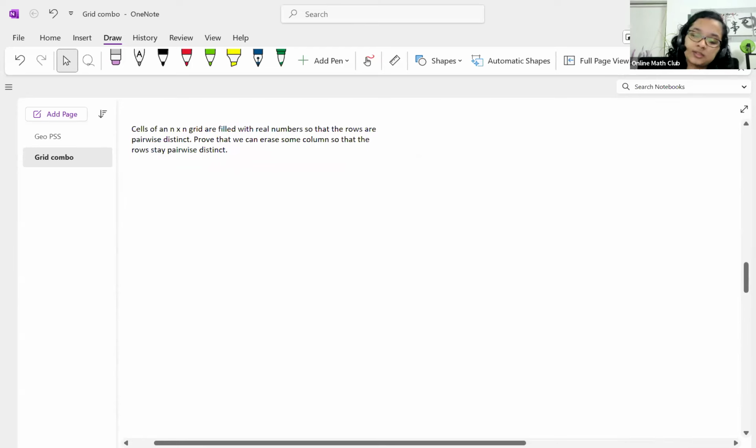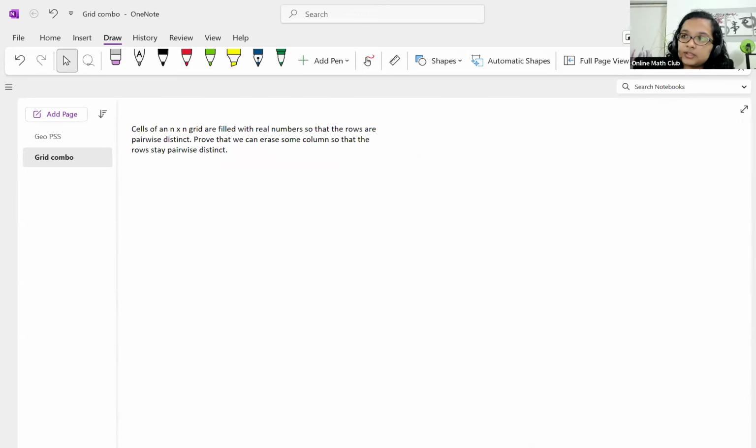So this is, you have an n by n grid and each cell has some real number and the rows are pairwise distinct, which means any two rows differ in at least one column. And we need to prove that we can remove some columns so that the rows stay pairwise distinct.